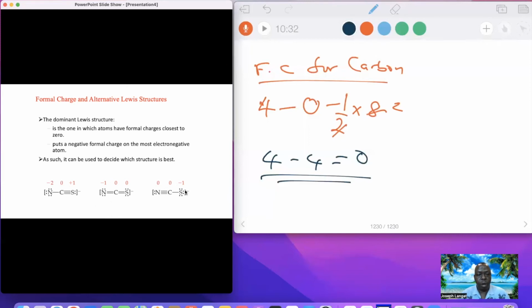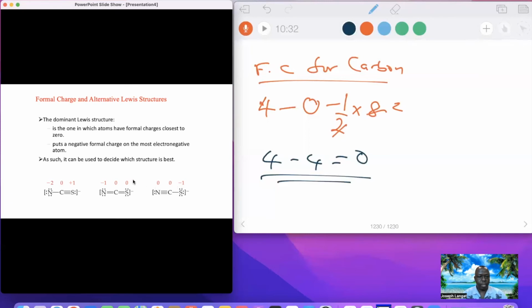But for this, how do you know which one is which? The structure whose formal charge resides on the more electronegative atom is the most plausible. For example, here, if I look at the position of nitrogen, it is more electronegative than sulfur, even though we have a negative charge here.